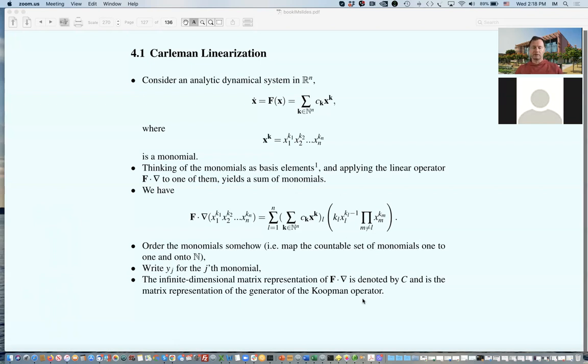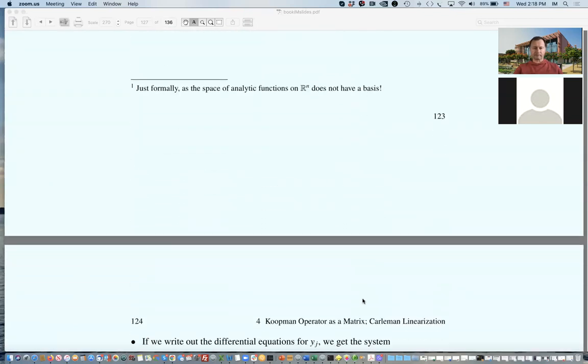Here we're working with monomials, so everything is smooth. The generator is acting on smooth functions, so everything is okay.